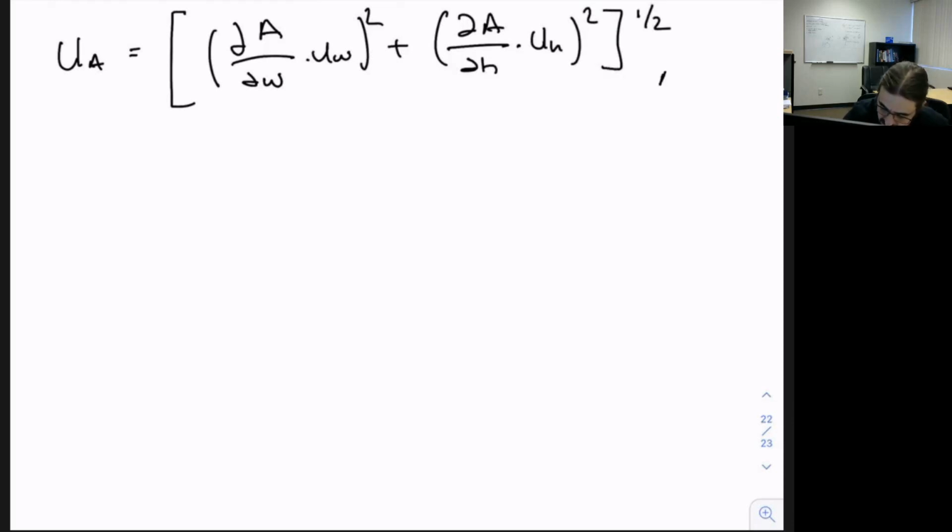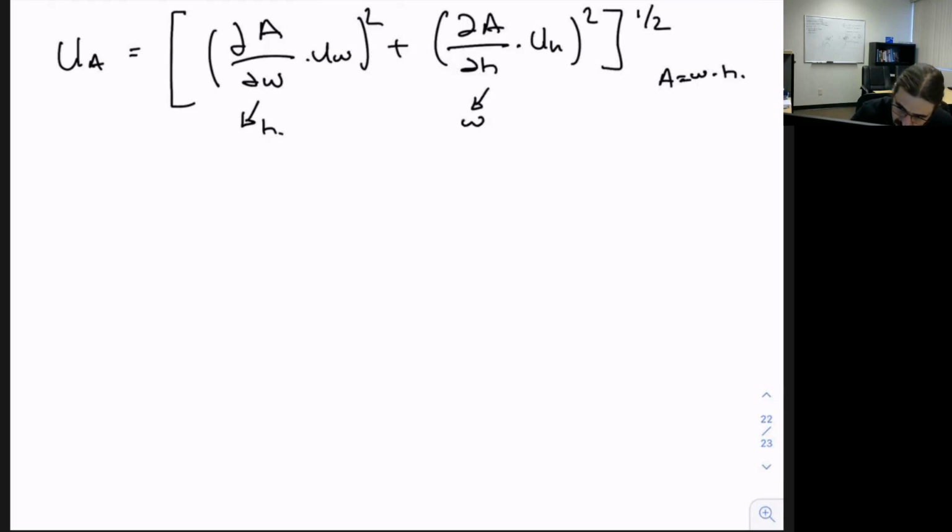Remember here that the area was given as width times h. So let's take the derivative of A with respect to W, that's going to be h, and then the derivative of A with respect to h will be w, right?